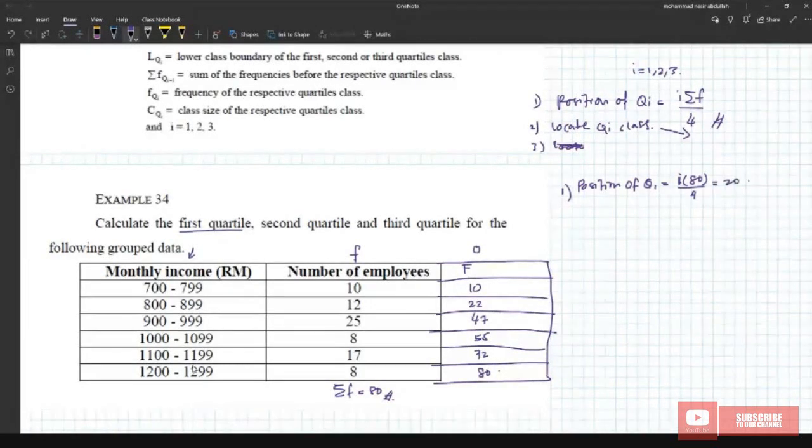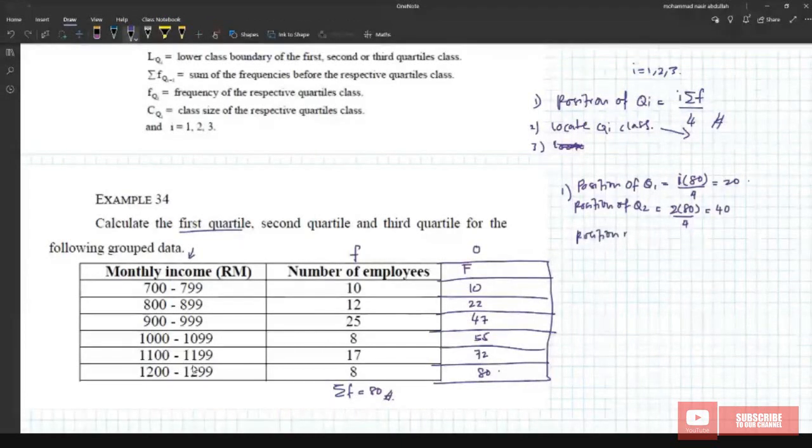And then position of quartile number 2 means 2 multiplied with 80 divided by 4. So this one should be equal to 40. Position of quartile number 3, 3 multiplied with 80 divided by 4. So this one should be equal to 60, right?